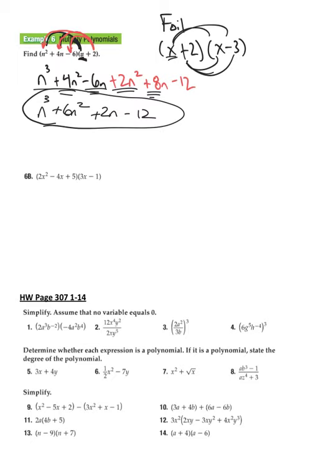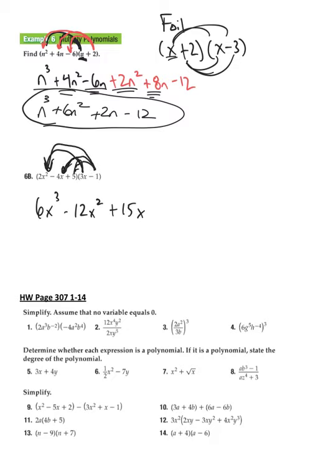All right. And so this last problem here, we're going to take 3x multiplied by 2x squared. 3 times 2, 6, x to the third. 3x times negative 4 would be negative 12x squared. And 3x times 5, 15x. Multiply the negative 1 by each term.